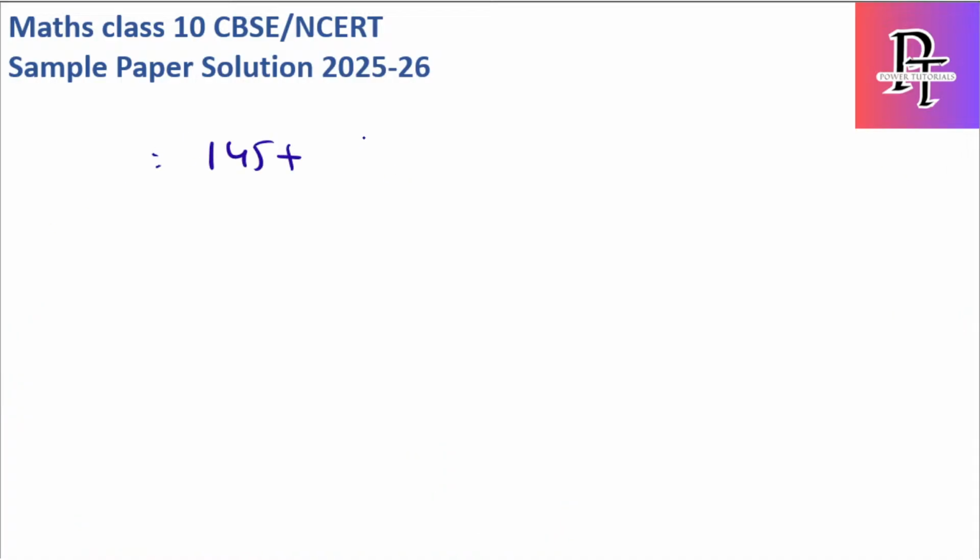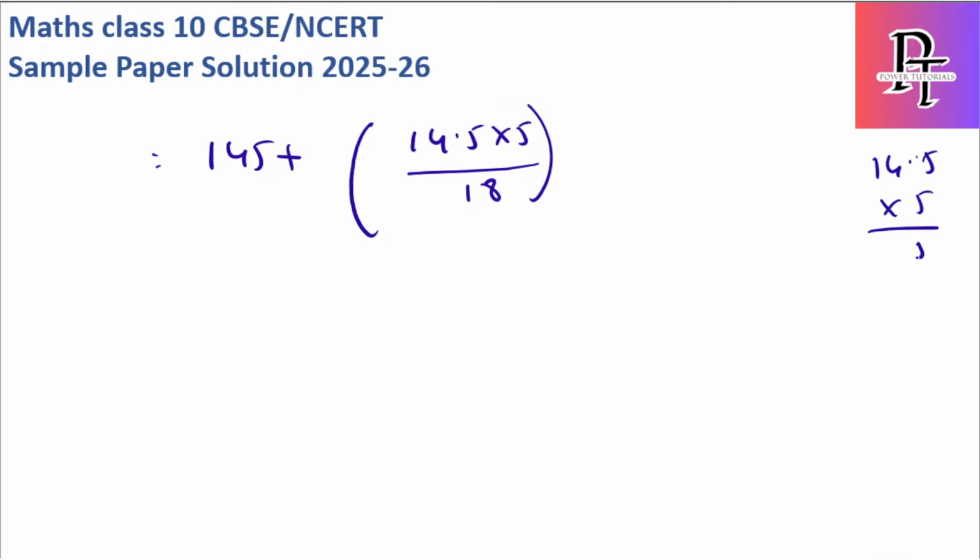Let's go to the next step. 145 plus 14.5 into 5 by 18. So 14.5 into 5: 5 fives are 25, 5 twos are 10, 5 fours are 20, 5 ones are 5, so we get 72.5.